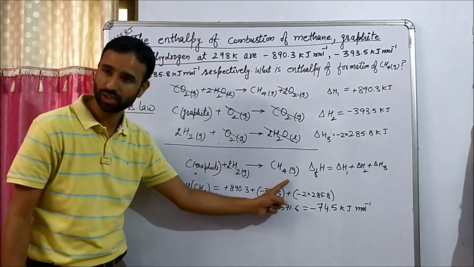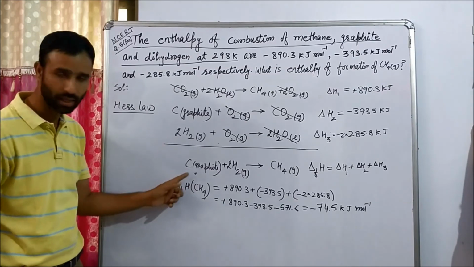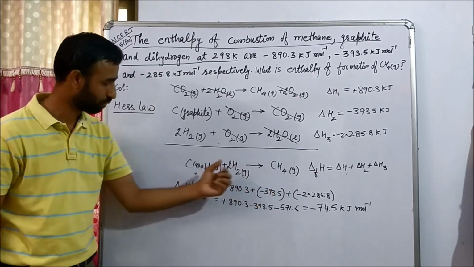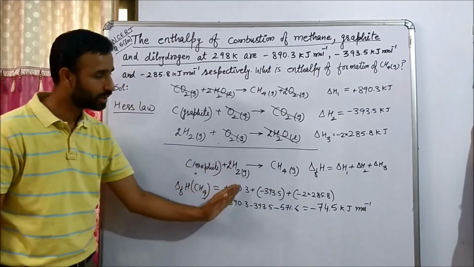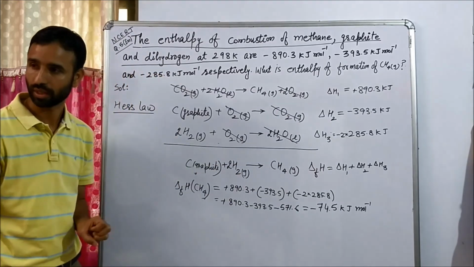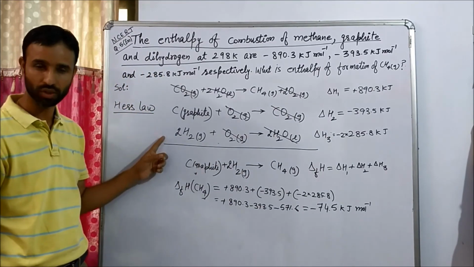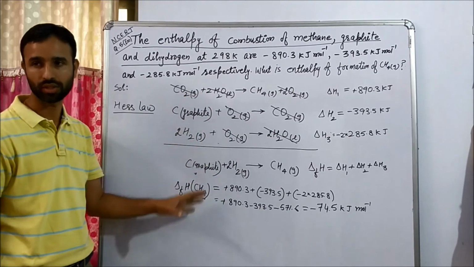This is a one step reaction. These are 3 steps of the same reaction. If the initial reactants and final products are the same, the enthalpy change is the same. So this is known as Hess law. If a reaction takes place in one step or series of steps, the enthalpy change is the same.